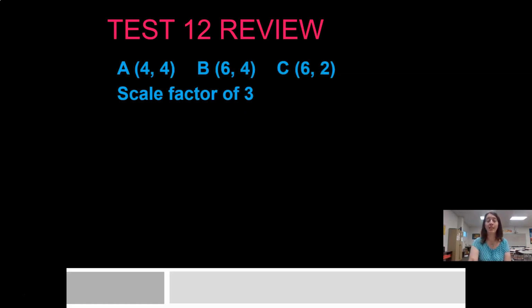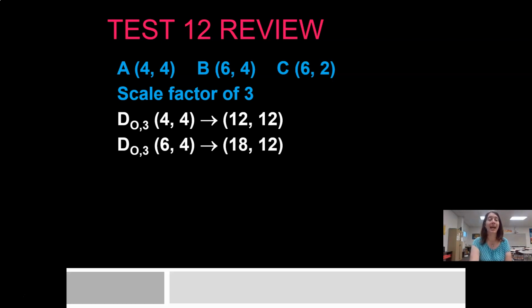So in one of the questions, the scale factor will be a fraction like we just did. In this one, the scale factor is a whole number, but it's the exact same process. The dilation centered at the origin with the scale factor 3. Well, the first point I have is 4, 4. So multiply both of those numbers by 3. So 4 times 3 gave me 12 inside both of the numbers in the parentheses.